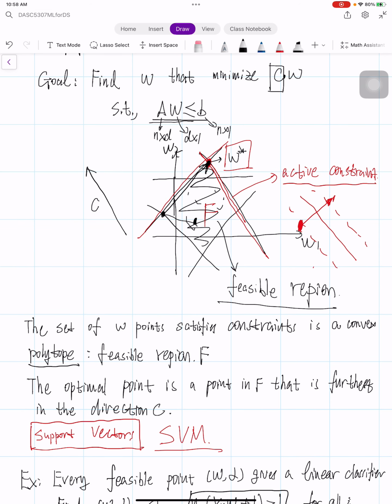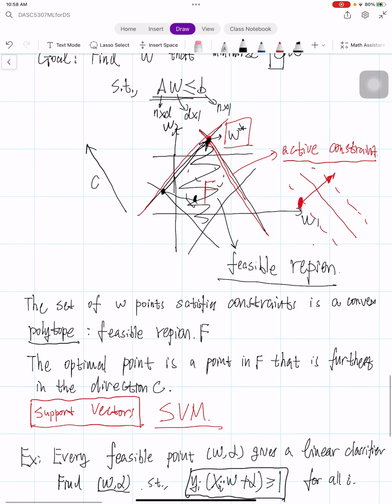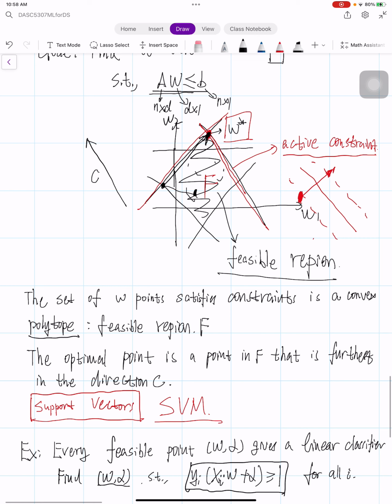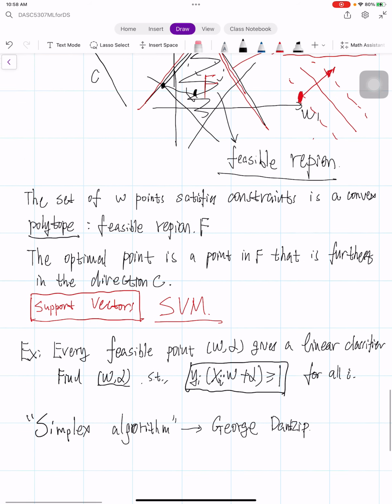So linear programming algorithms tend to have very discrete solutions, and the computer science feeling of graph algorithms, whereas unconstrained optimization algorithms tend to have a continuous, numerical, mathematical feeling. Okay, so that's linear programming.